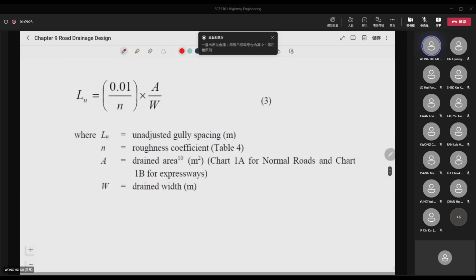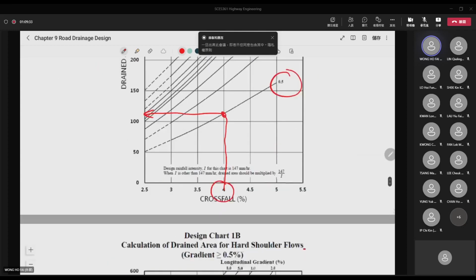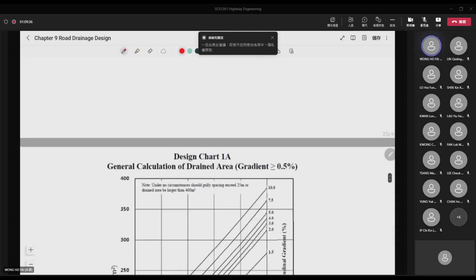So you can substitute in this equation for A, and W is the width of the road which will have water being collected. And remember, this is for the drained area for the gradient larger than or equal to 0.5%.